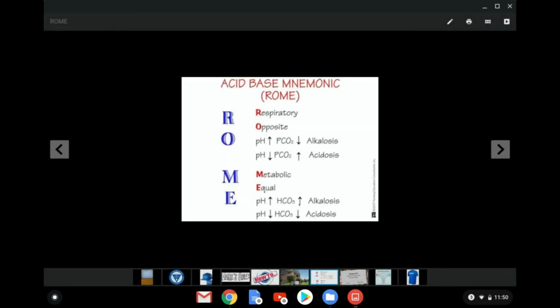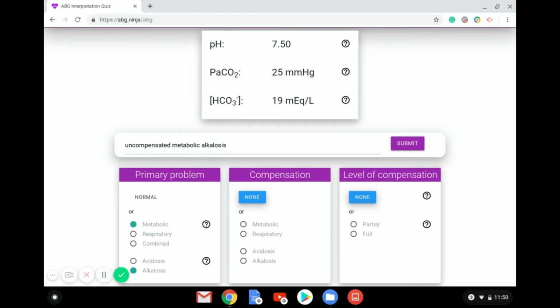So those arrows must be in the same direction. This is not the case. So we say this condition is respiratory alkalosis because these are opposite directions, right? Remember, respiratory is always dealing with pH and carbon dioxide concentration, and metabolic is always dealing with pH and bicarbonate ion concentration.